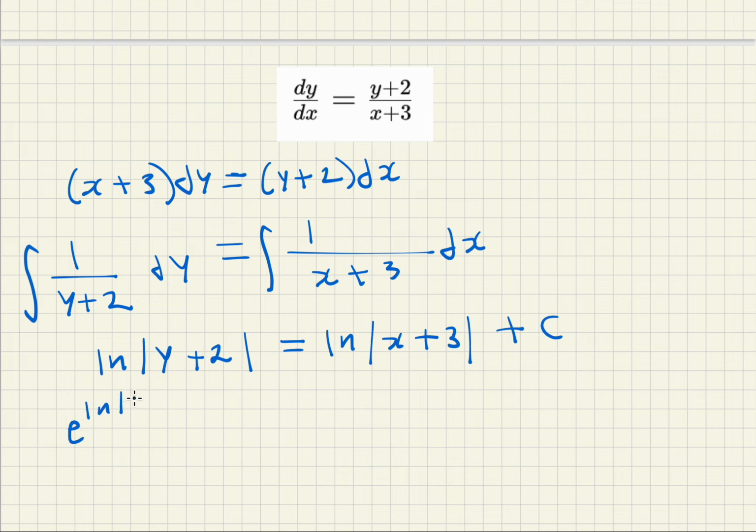So we can take e to the power on both sides. And we can write c times e to the power of natural log of x plus 3, because e to the power of c is another constant. So we can write this as well.